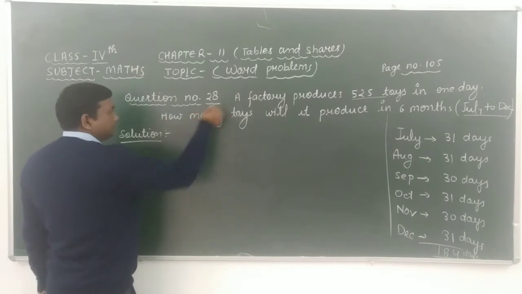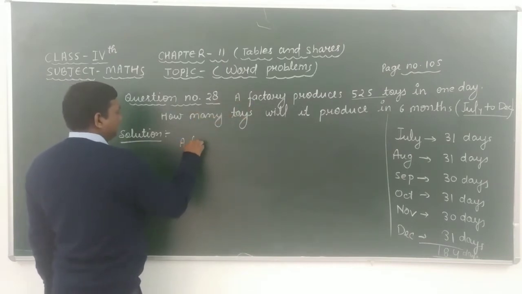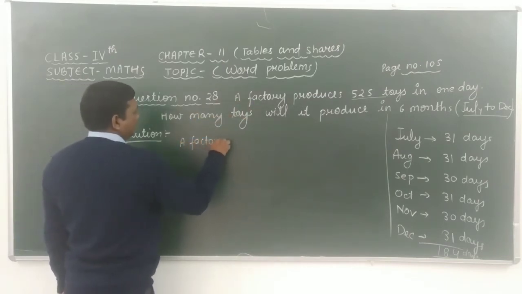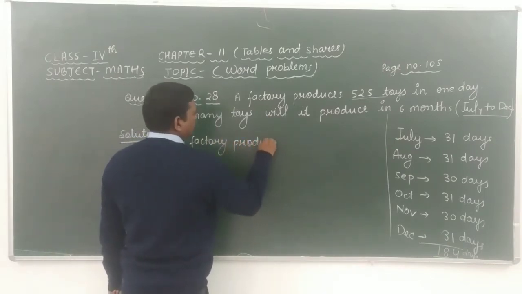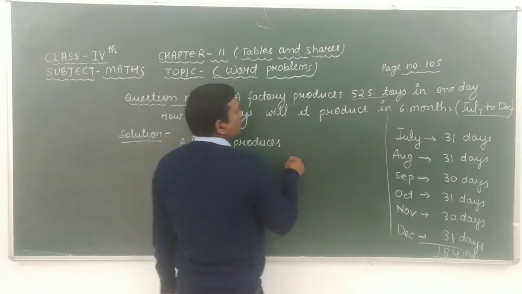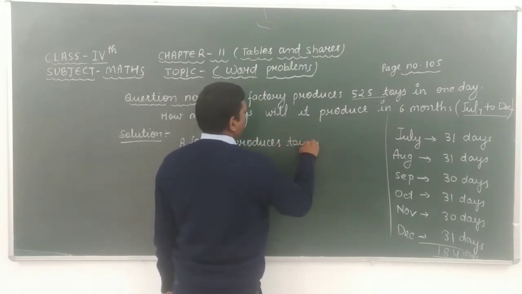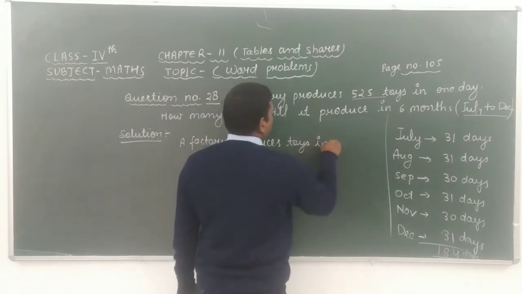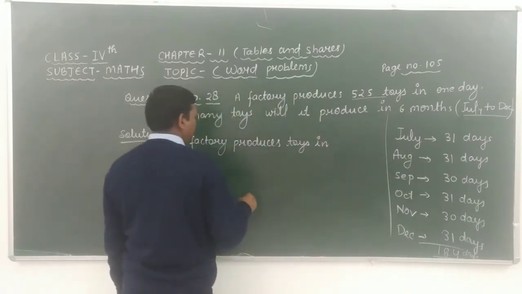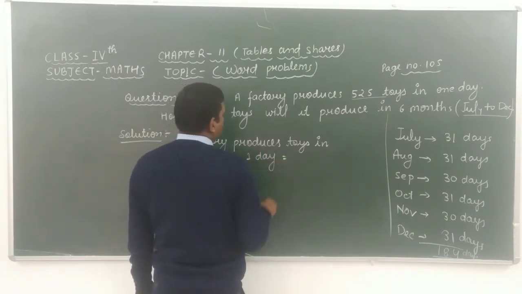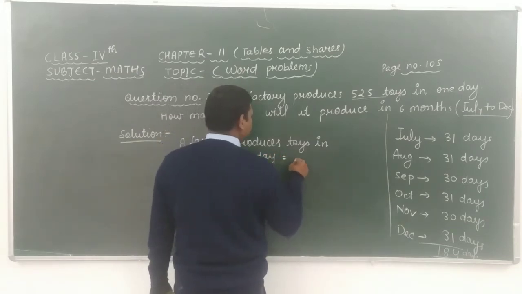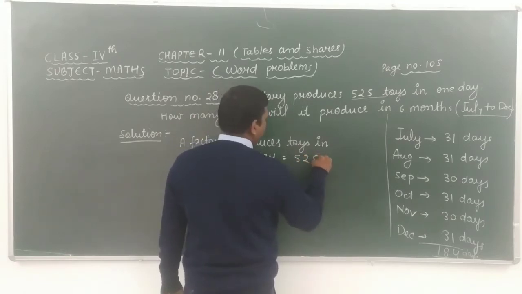A factory, we are given that a factory produces twice in one day is equal to 525 twice.